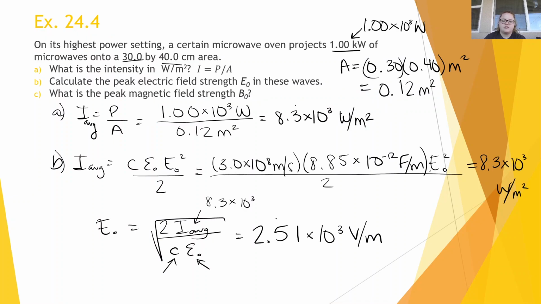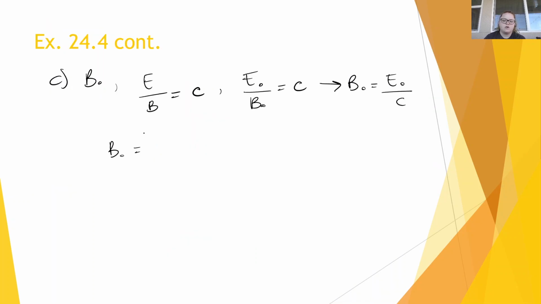Our E naught we found is 2.51 times 10 to the third volts per meter, and our speed of light, meters per second.